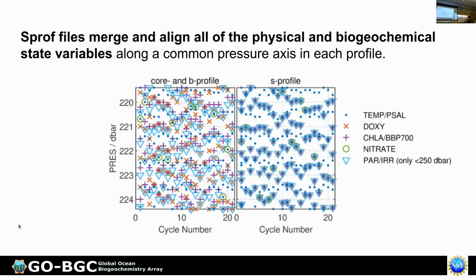The reason is that all the different sensors, depicted here for different cycles, measure at slightly different pressures. But we want to know what the temperature, oxygen, chlorophyll, nitrate, and PAR are at one co-located measurement. So this SPROF file takes this mess and converts it into something that is on a merged pressure axis for each profile.